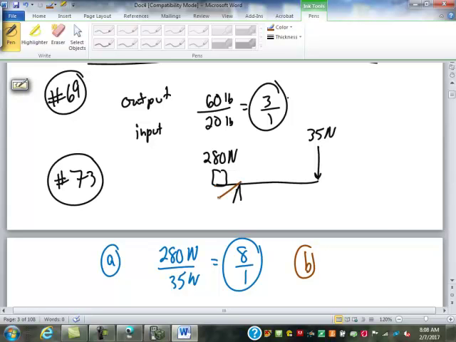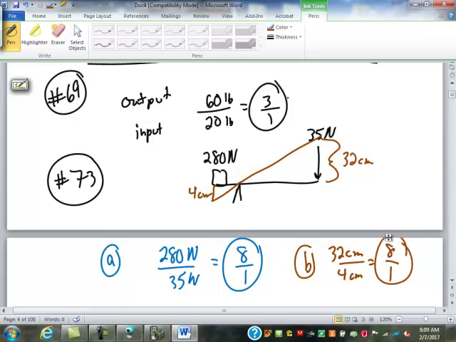Well, what I'm lifting here only rose 4 centimeters. Well, I had to move here 32 centimeters. So the ratio of input distance, 32 centimeters, to output distance, 4 centimeters, is 8 to 1.